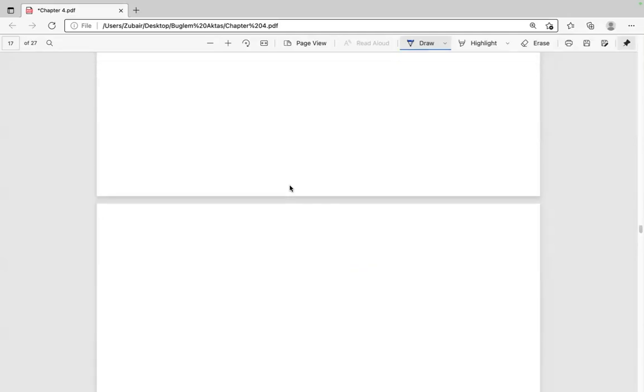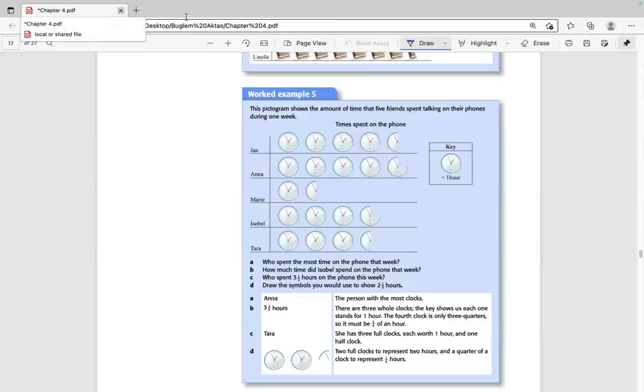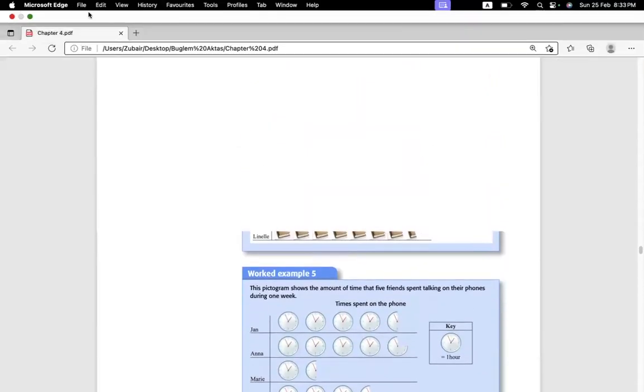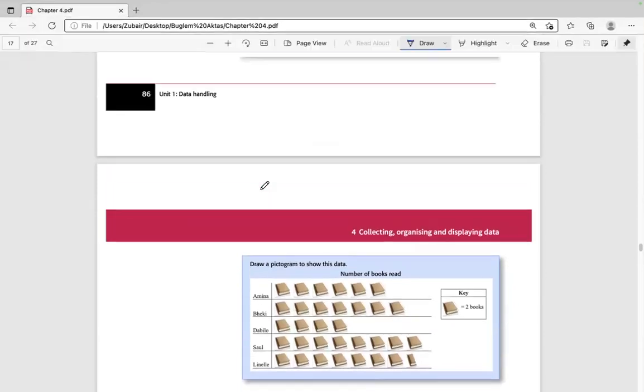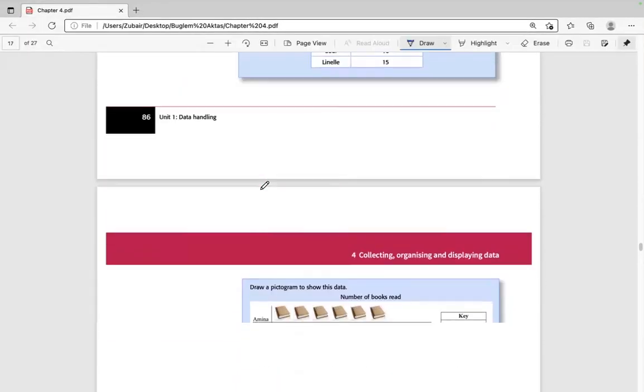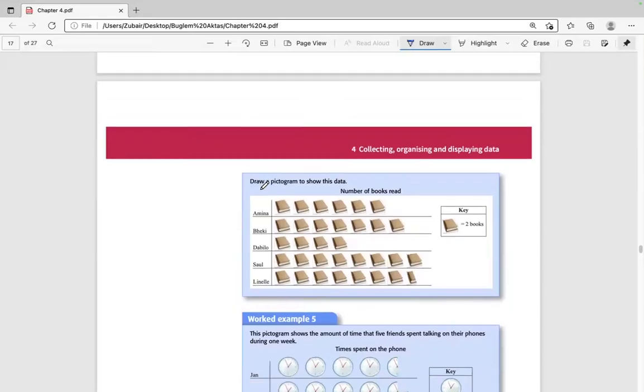Okay, so in a pictogram, we may have our own key. Whoever completed this said that one picture is equal to 2 books.